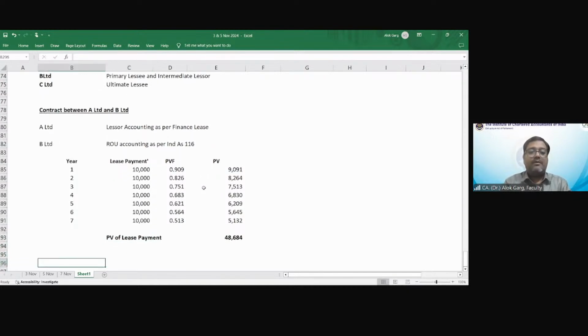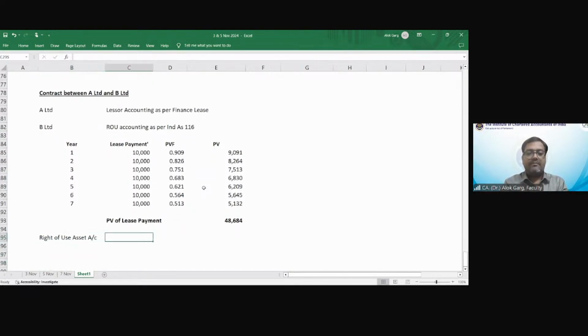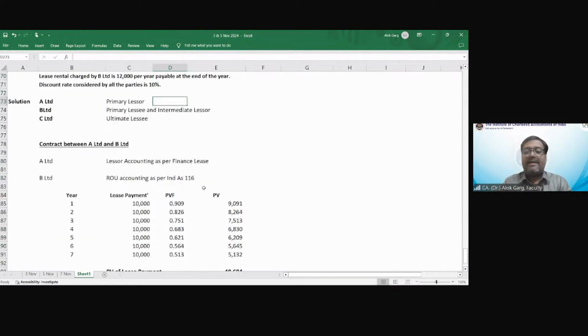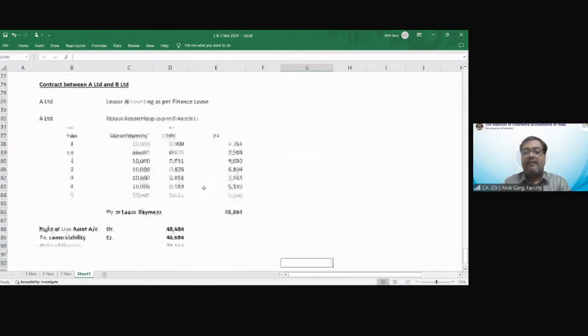What is the accounting in the books of B Limited? क्या accounting होगी? Right of use asset account debit to lease liability. So in the books of B Limited, as a lessee between the contract of A and B, B Limited has done the lessee accounting, ROU asset to lease liability.